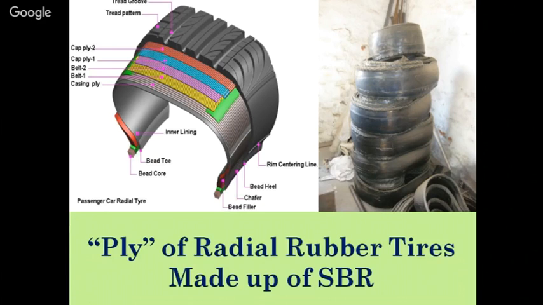The rubber tire experiences a lot of heat as well as air pressure. If your vehicle runs, a lot of heat will be produced, and that heat will be resisted by your rubber tire.